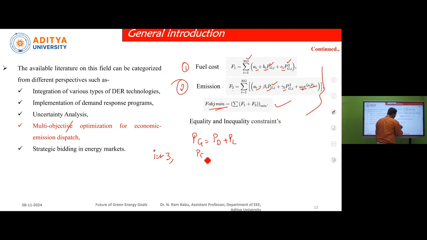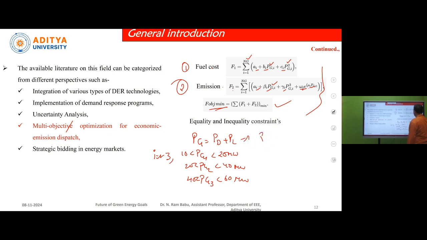So PG1 can generate a power between 10 to 20 megawatts, and PG2 can generate a power between 20 to 40, and PG3 40 to 60 megawatts.